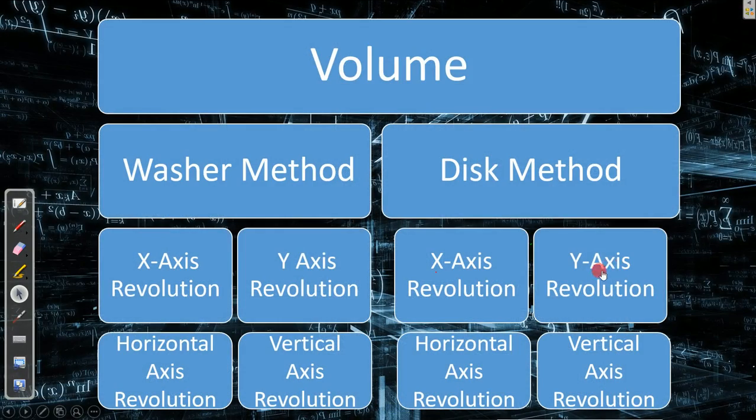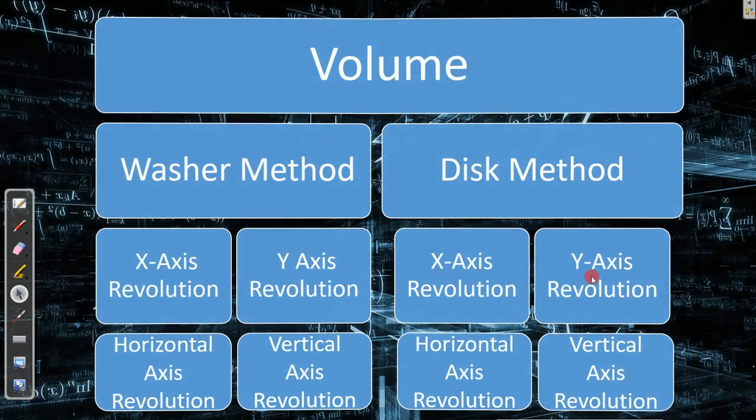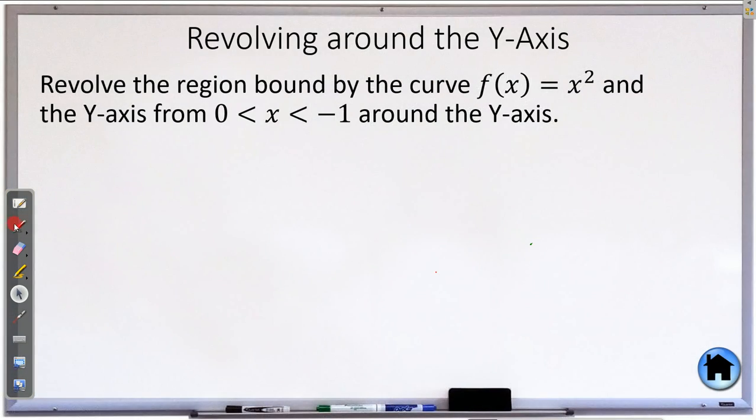So we have a good idea of how that works. Let's actually revolve around the y-axis and see how the math works. So we are bound by the curve of f of x equals x squared. So we have a curve that comes up this way. And it says our other boundary is the y-axis, so this will be our other boundary here.